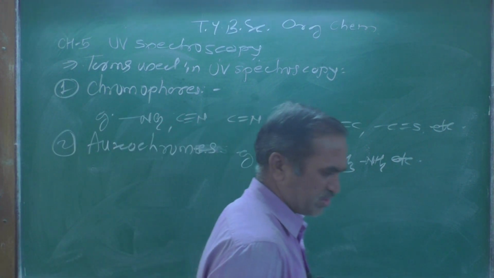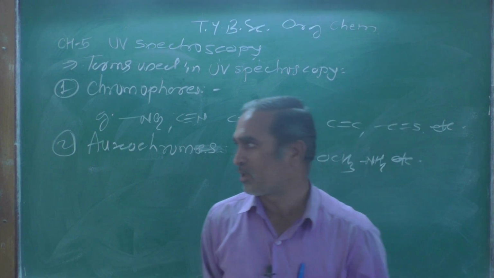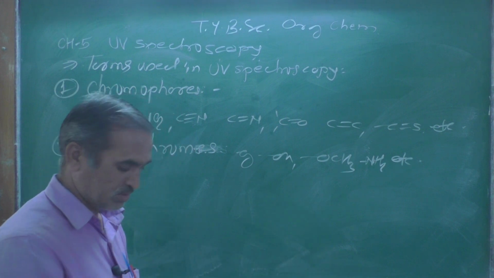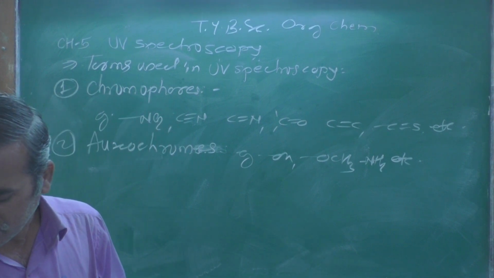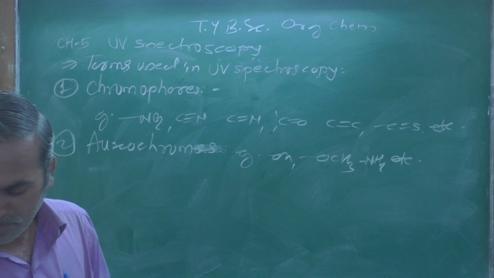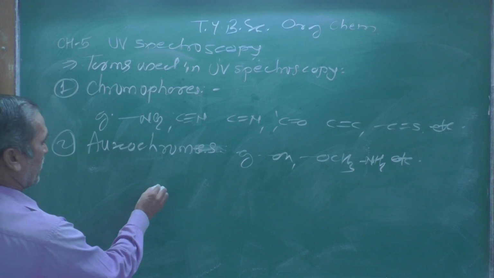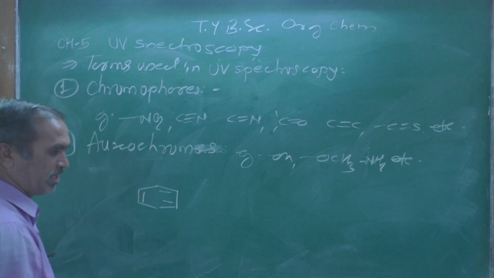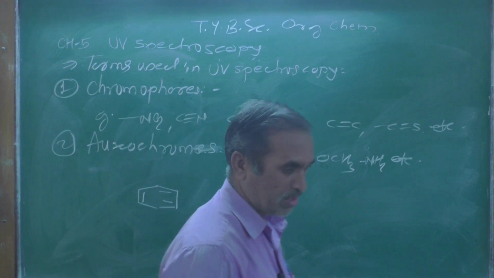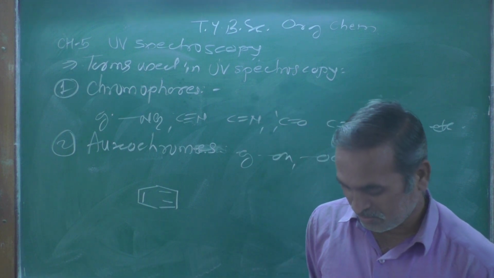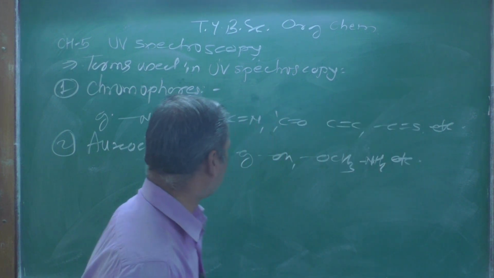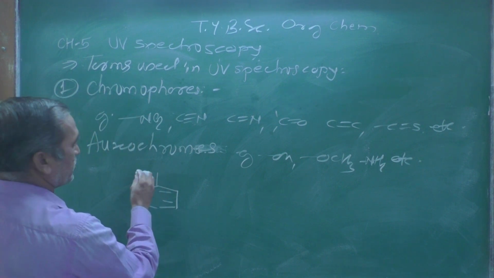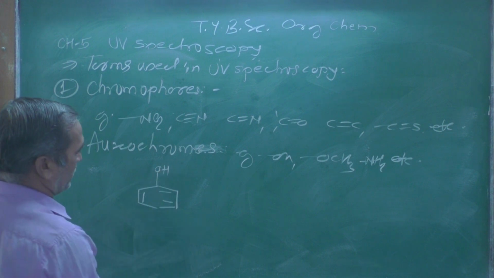This type of functional group does not absorb UV radiation. But when they attach to the chromophore, let's see, we know that benzene is an example of a chromophore, right? It is a chromophore because it contains alternating carbon-carbon double bonds, and therefore it acts as a chromophore when attached to, suppose, phenol OH.